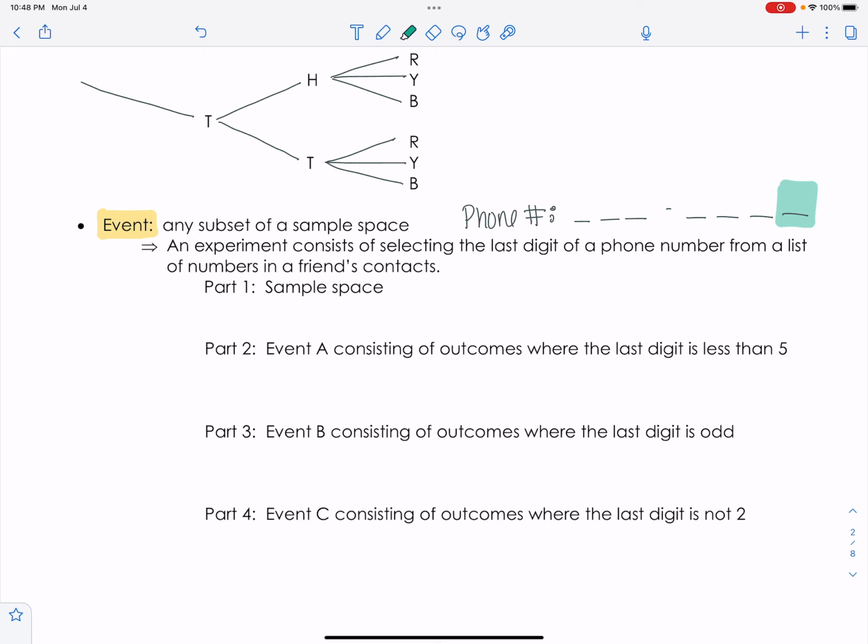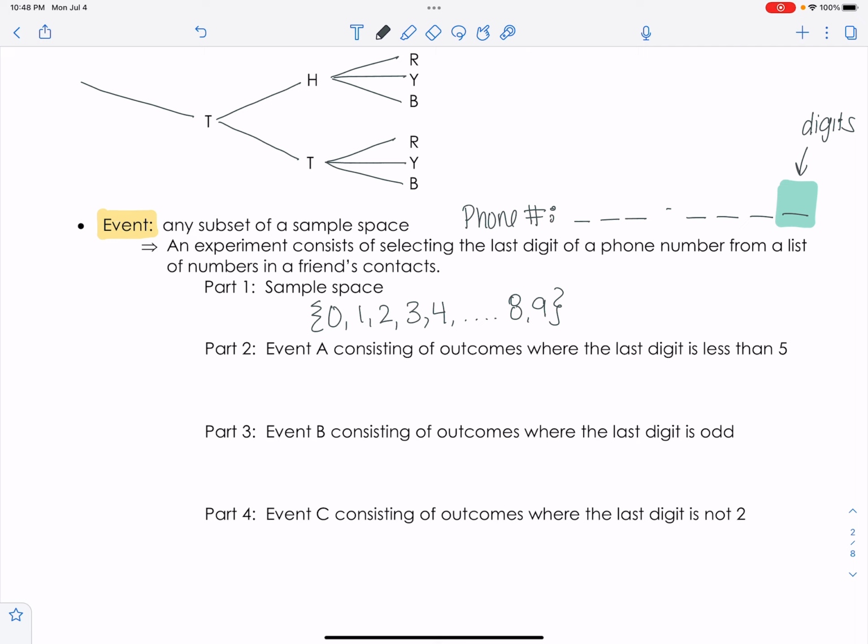Part 1 says to list the sample space. Well, the sample space is all the possible digits that could be in that last digit. What are all the possible numbers? I could have a 0, 1, 2, 3, 4, all the way to 9. Can't have a 10 because that wouldn't fit in the last digit.